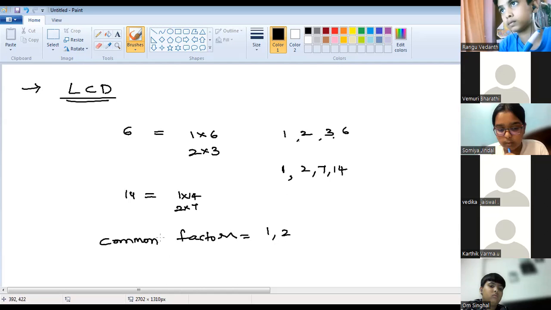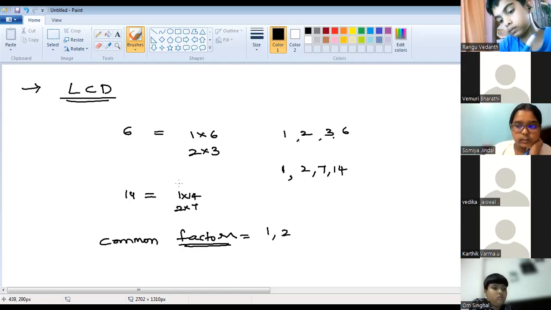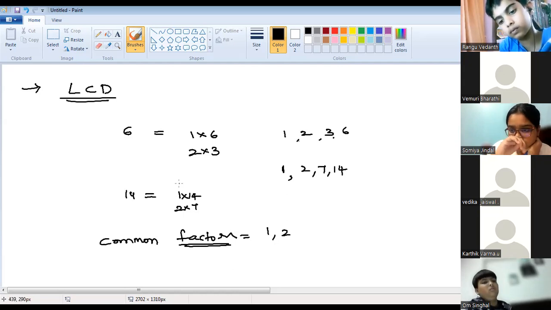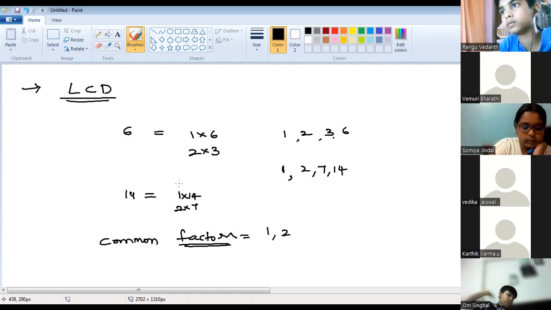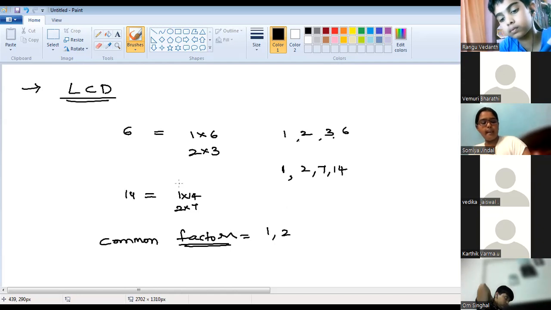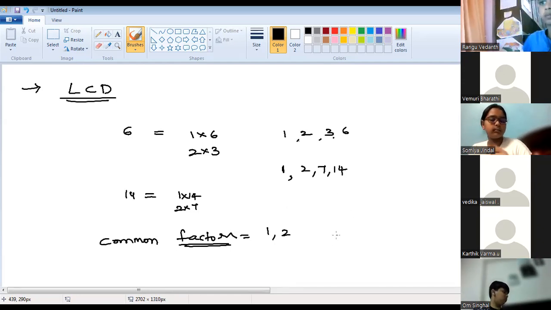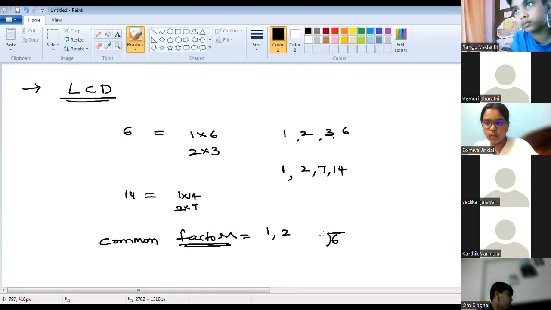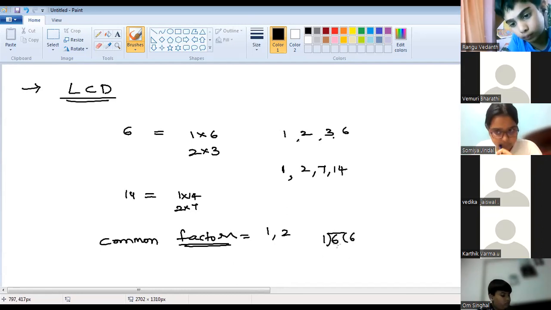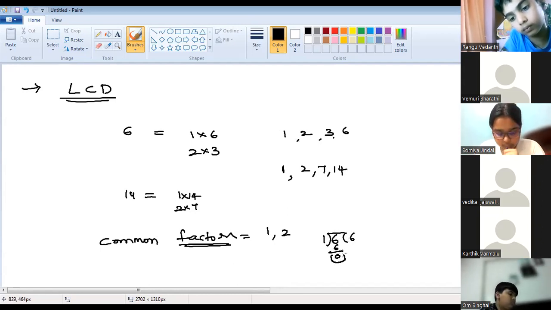So a common divisor is nothing but a number that exactly divides both. Suppose you take number 6: 1 times 6 is 6, with 0 as the remainder, so it is exactly divisible.